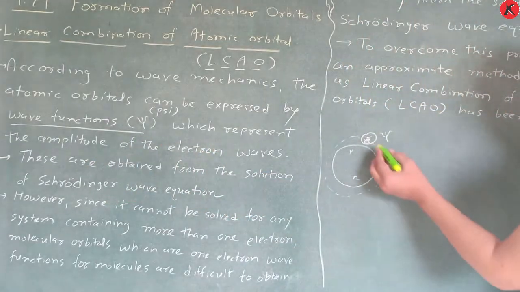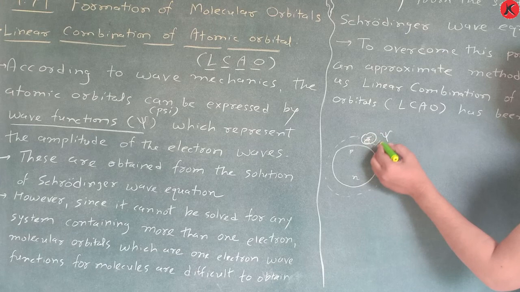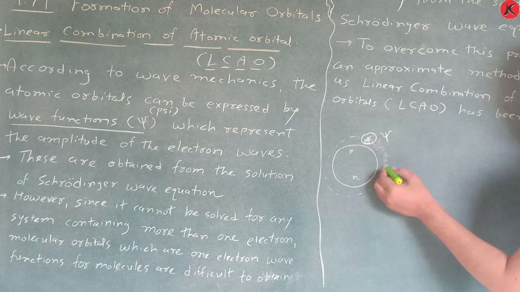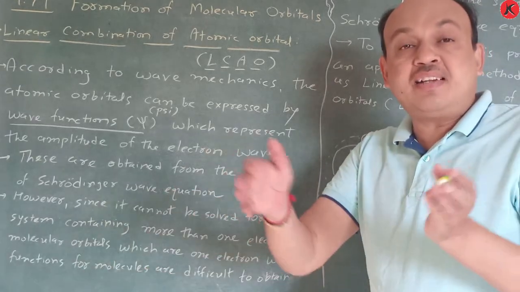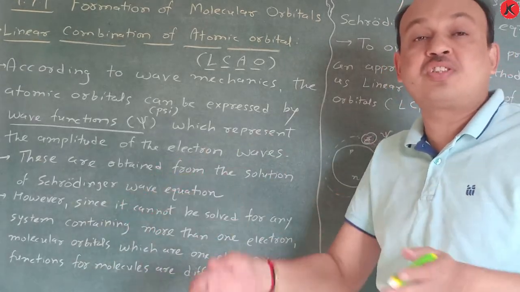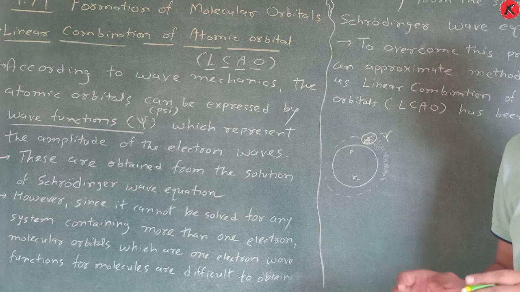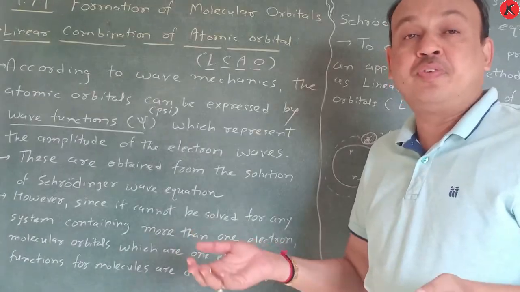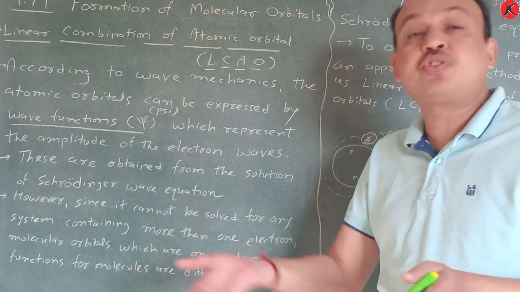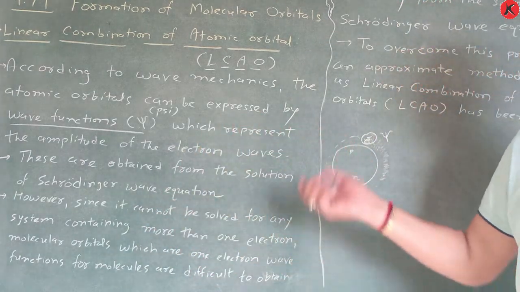Electron waves are there, and these electron waves may attract when they combine with another hydrogen atom, or maybe repel. So here attraction and repulsion takes place.